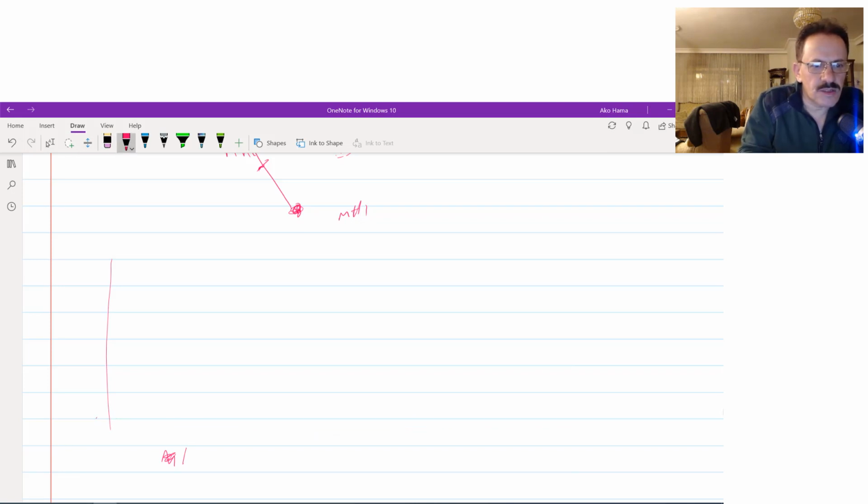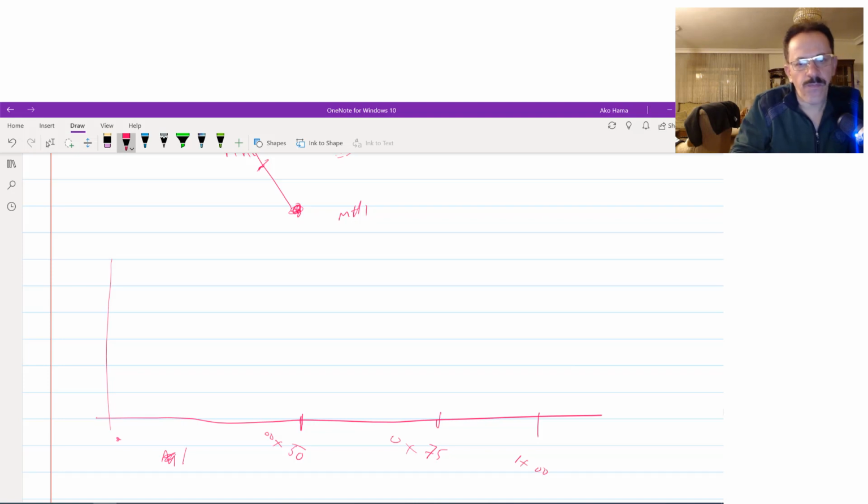Let me say I will start with 0. This is 150 meters. This is 75 meters. And this is 100 meters and 125 meters, and this was 0.025 meters, and so on.